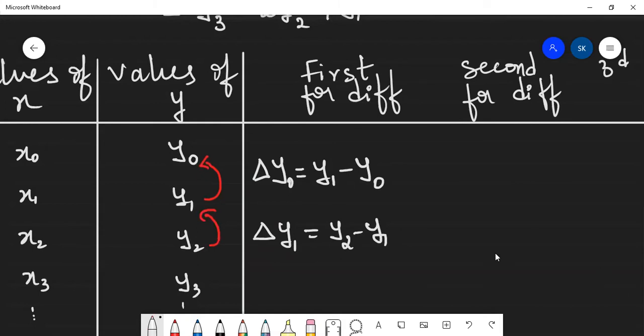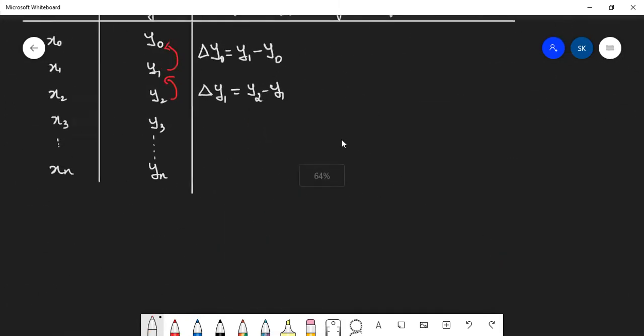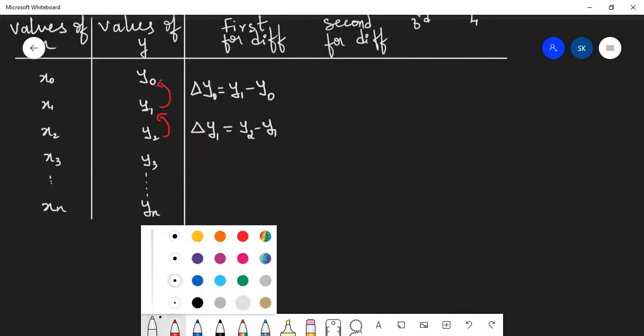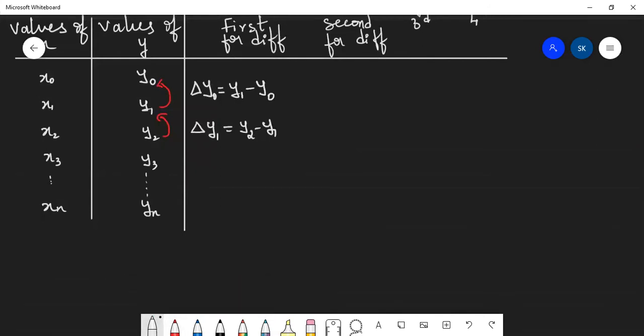Right? Next one. The next value I should write in between y2 and y3. So if you use ruled paper, it will be difficult. Then I'll have the value y3 minus y2. What is the notation? Forward delta y2. And so on.